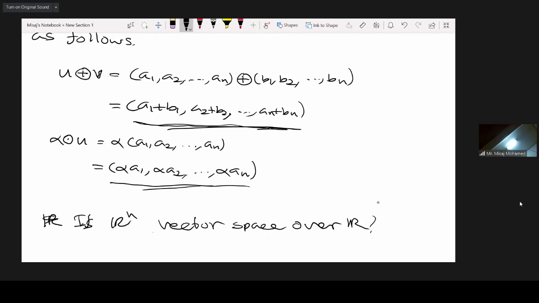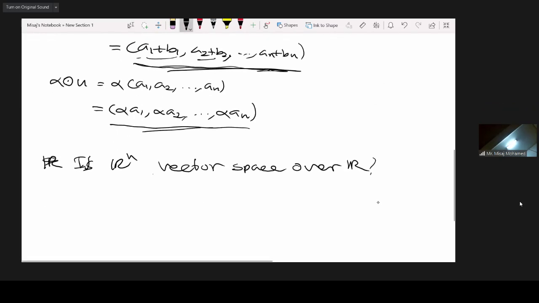Yes, why? The reason: a and b are from R. a1 plus b1 is also in R. That means a1 plus b1 is again a real number. Every component is also a real number. Therefore, the same pattern is there. Therefore u plus v is in Rn, as per the given definition.